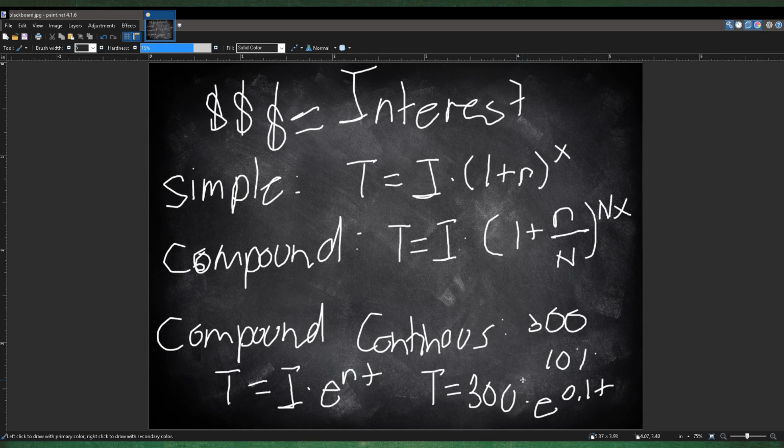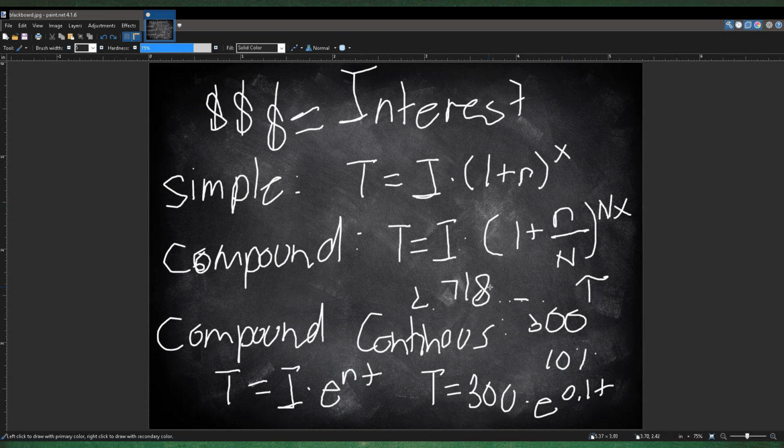E is basically a number. E is equal to 2.718, etc. It's one of those numbers like pi that is related to a circle. E is kind of infinite because this is a really weird number like pi.